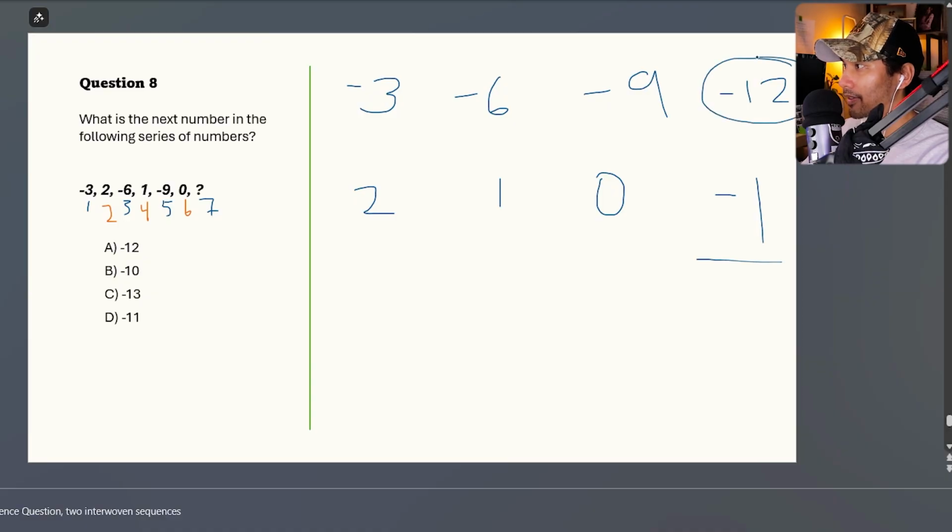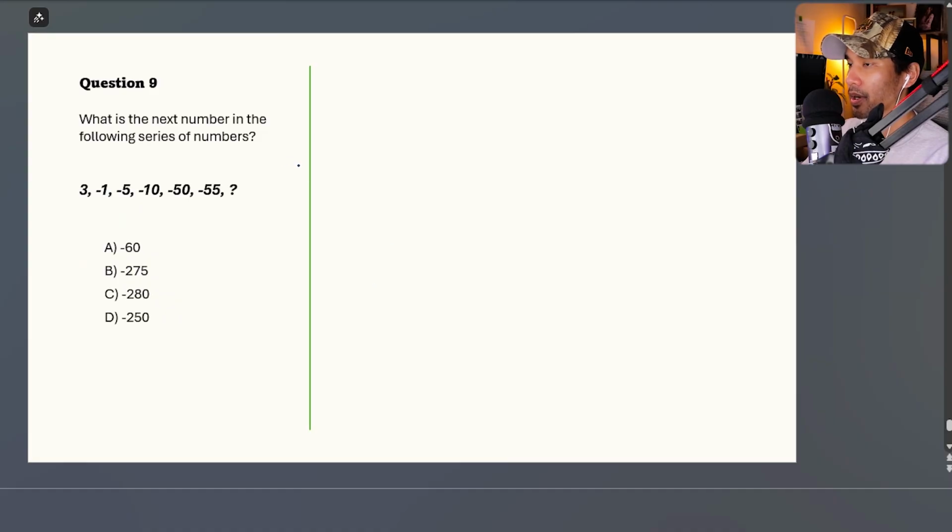But we just need to find this one. So -12. They're 2 interwoven sequences into one. Okay, and you just need to identify the one that matters, which are the odd numbers. This may be confusing because there's negatives, and I would be intimidated by negatives. I don't like negatives. Okay, next question.